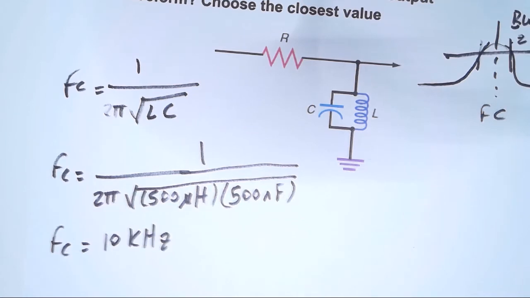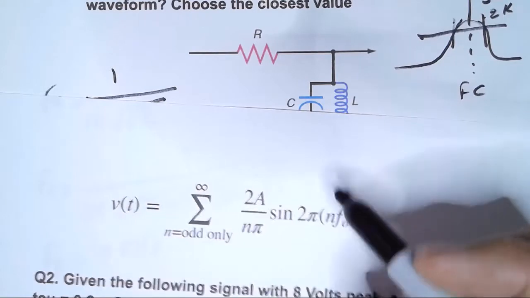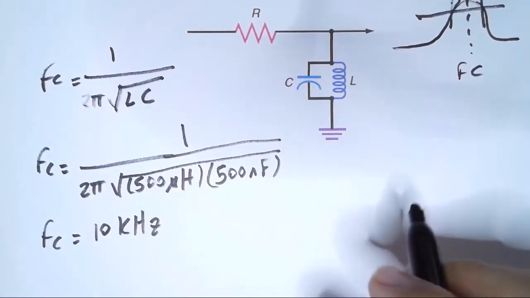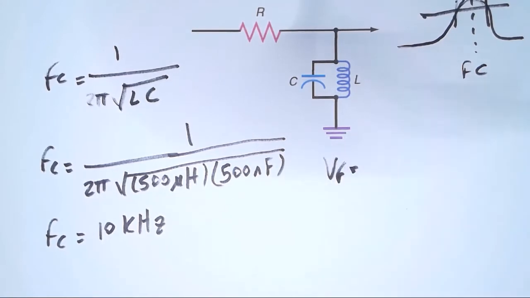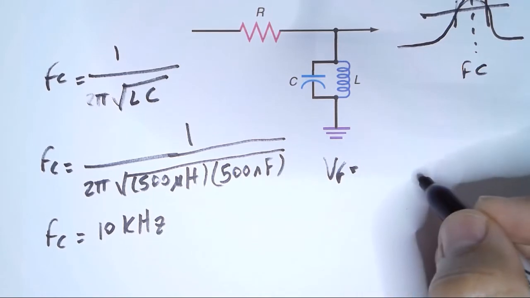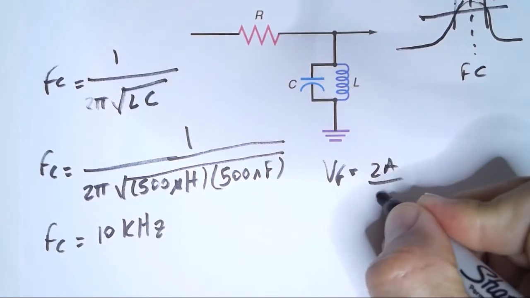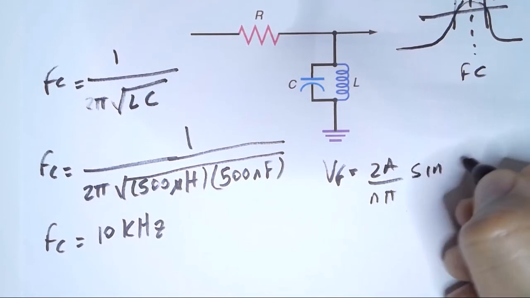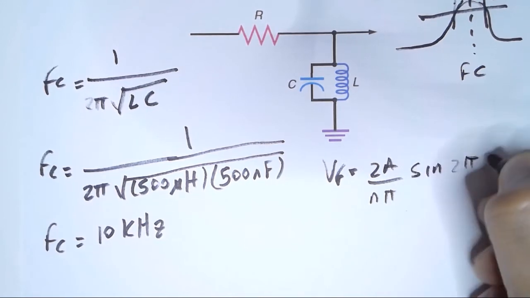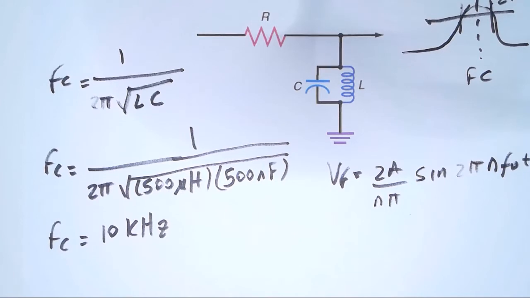Now, for the square wave, we use this expansion here. To find the fundamental, we can use 2 times the amplitude over pi, the sum of sine of 2 pi n f t.